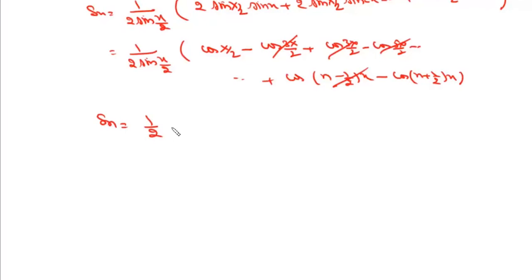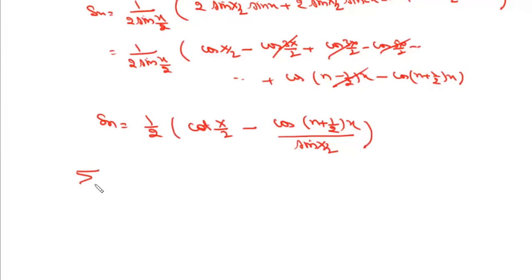Sn is 1 by 2 cot x by 2 minus cos n plus 1 by 2 x upon sin x by 2.